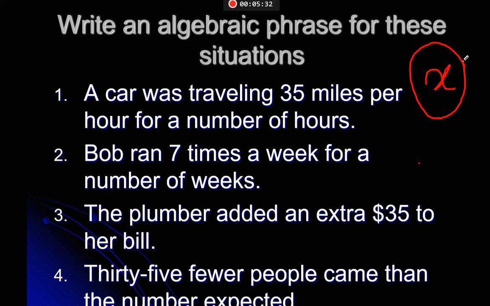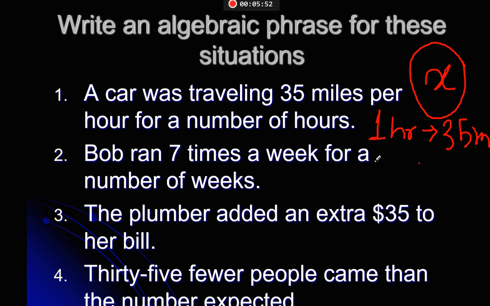A car was traveling 35 miles in 1 hour. In 1 hour, the car was traveling 35 miles.